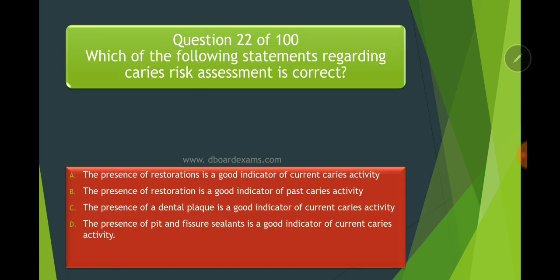Question 22. Which of the following statements regarding caries risk assessment is correct? A. The presence of restorations is a good indicator of current caries activity. B. The presence of restorations is a good indicator of past caries activity. That is true. If you had a restoration, it means you had a cavity, right?